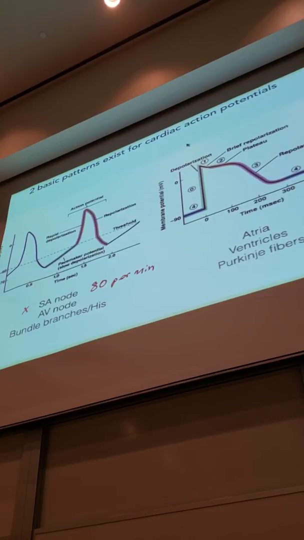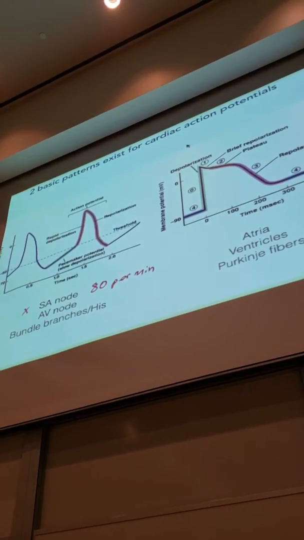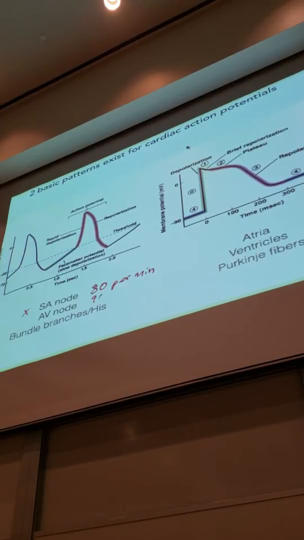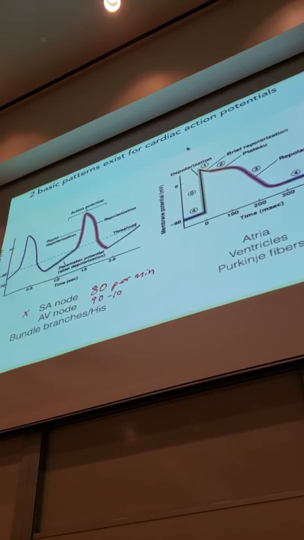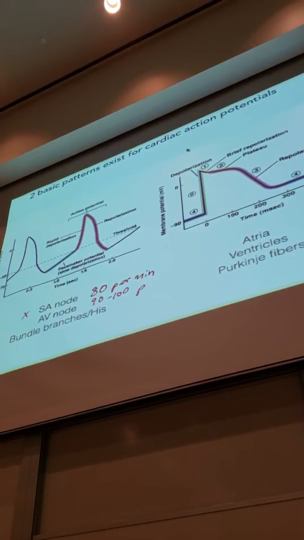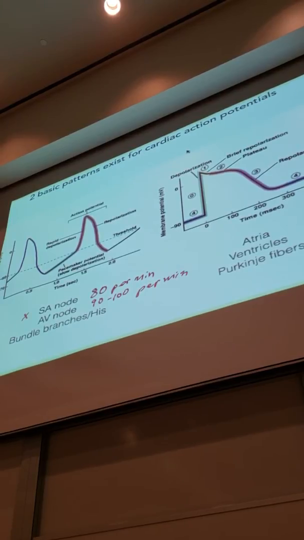That is without any sort of parasympathetic input, which would tend to slow it down a little bit. AV node, anybody know? Is it faster or is it slower? It is slower, yeah. I'm going to make this number up, I think it's more like 90 to 100. I don't remember exactly what it is.